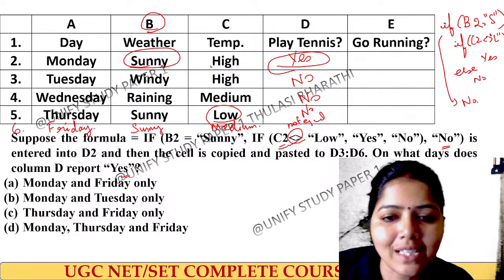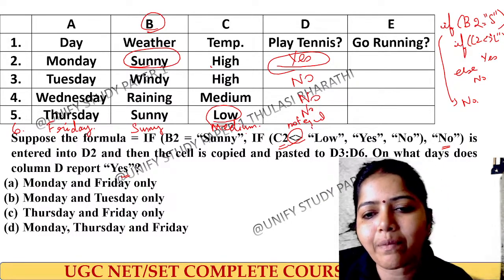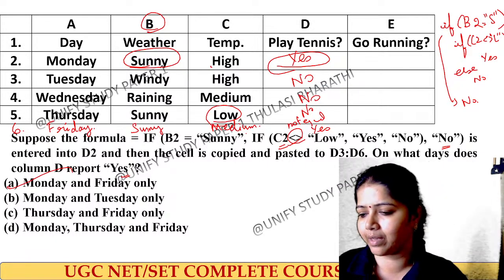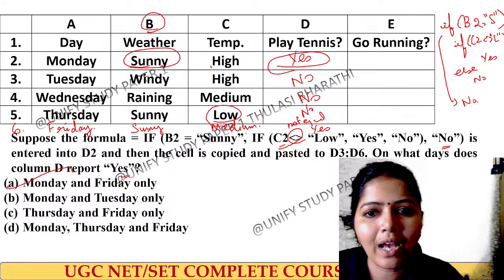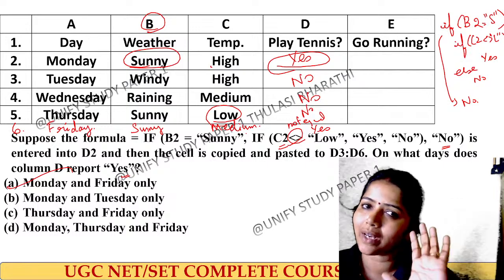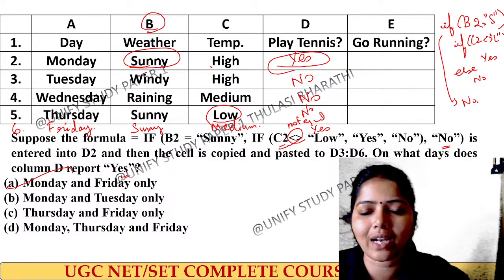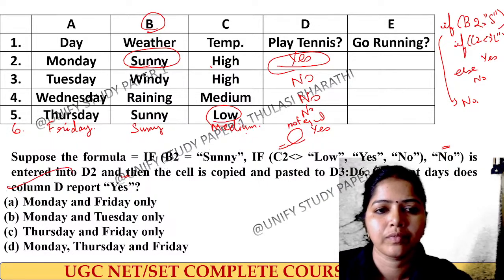Similarly here it is sunny and C2 is not equal to low, so here also I can play. So on Monday and Friday I can play. On Tuesday, Wednesday and Thursday I cannot play. You understand? Learners, do you understand or not? Clear?